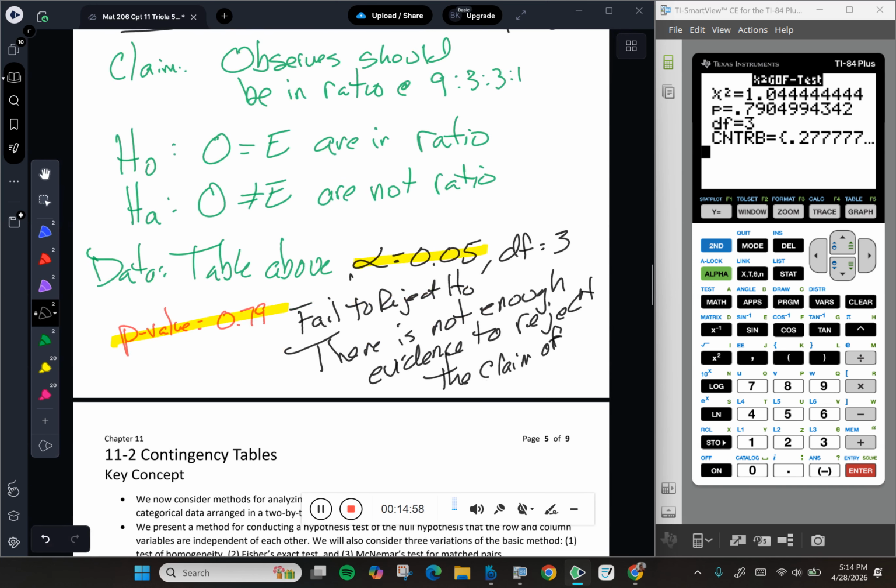Our claim is that the pea plants are in ratio. The plants are in a 9:3:1 ratio.